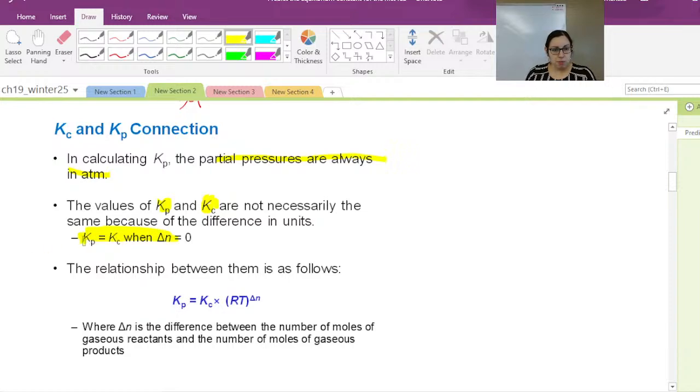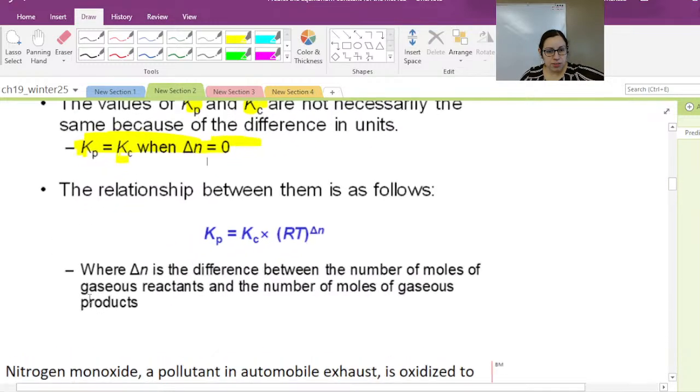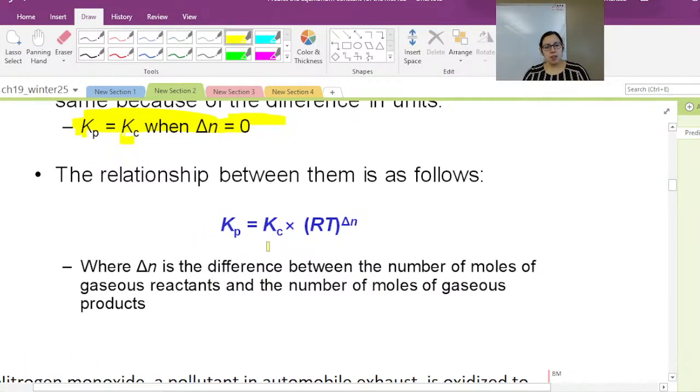So our Kp is the same as our Kc if we have no change in gaseous moles. All this is saying is that our Kp is related to our Kc, the concentration constant, times RT to the power of our change in n.